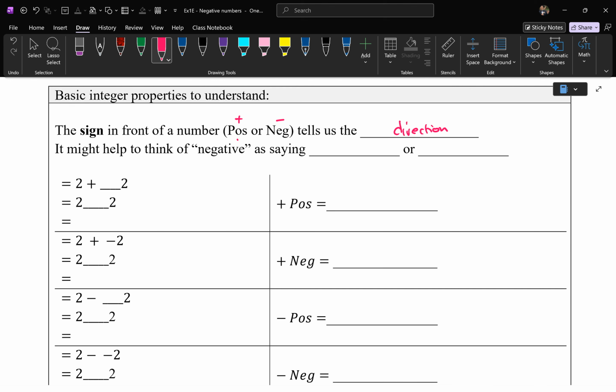Okay, it tells you the direction that you need to head in. So when I say +4, we know that we're moving to the right. -4, we know we're going to the left. But it also might help you to think of a negative as reverse or opposite.